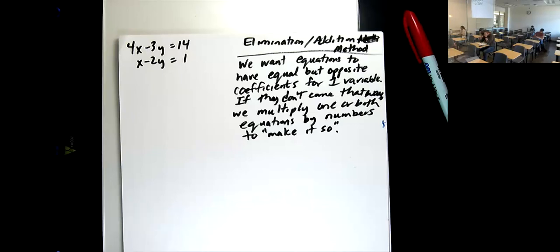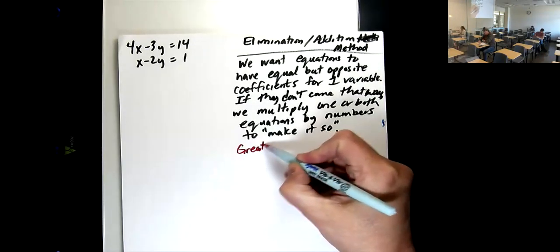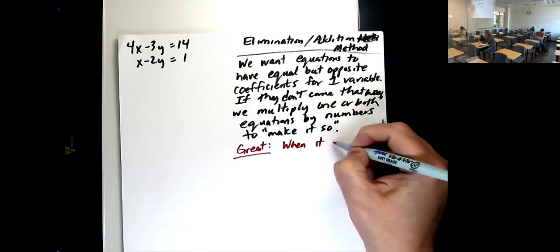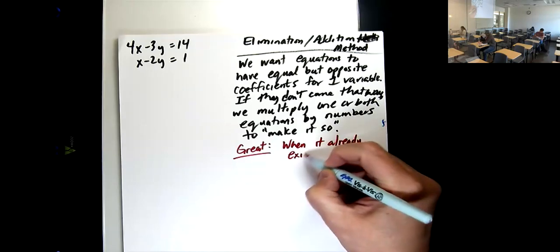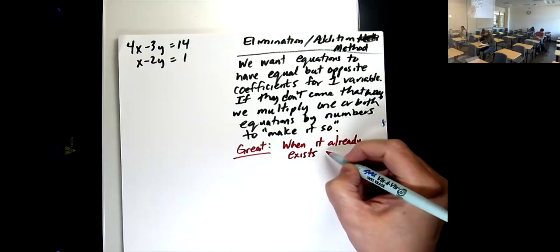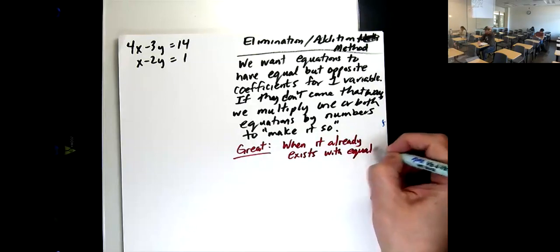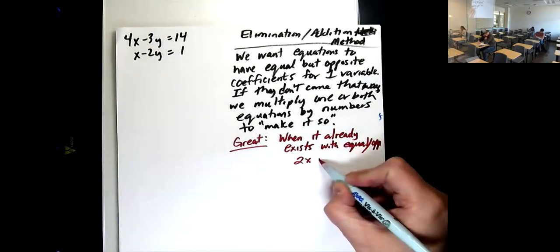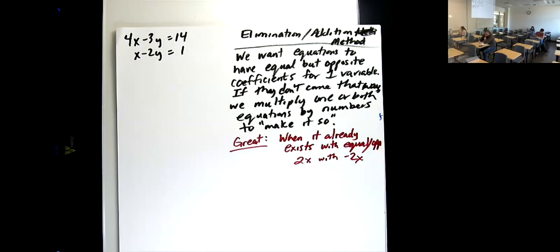All right, so this method is great when it already exists, with equal and opposite, like 2x with negative 2x, something like that. We don't have that here.